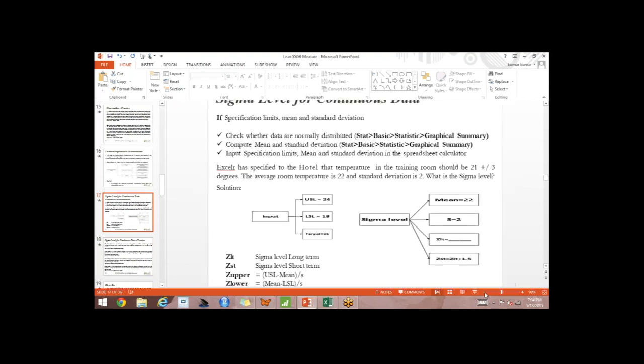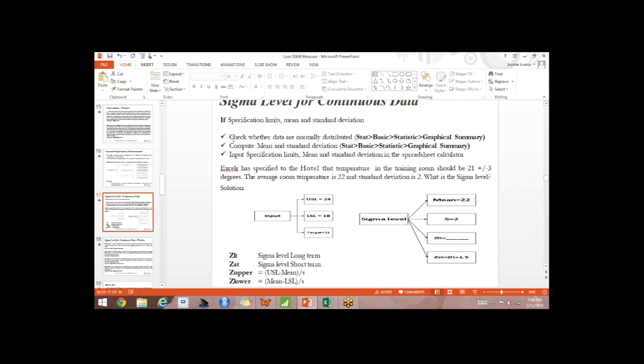Look at this. What are we first supposed to do? We need to check whether data are normally distributed or not. Step 1, compute the mean and standard deviation. Step 3, input the specification limits, mean and standard deviation in the spreadsheet.